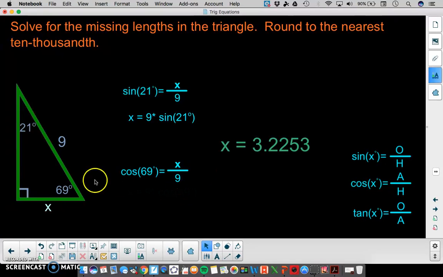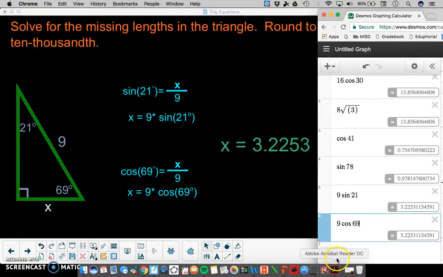Multiply by 9 on both sides to get x by itself, and 9 times cos of 69 will give us 3.2253. Notice as I plug those in the calculator, 9 times sine of 21 and 9 times cos of 69, I get that same value for x. So there are more often than not multiple ways to solve and get the same correct answer.